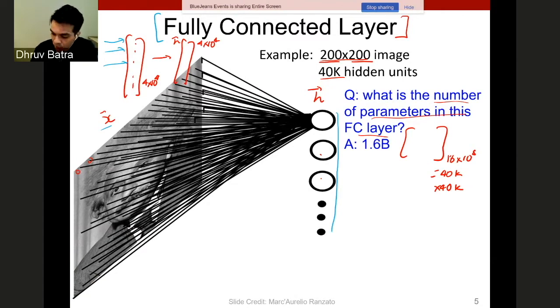But let's say you do, you very quickly realize that you run into a large number of parameters, 1.6 billion parameters in just the first layer. And that does not scale well to multiple layers, and even for a single layer, this simply doesn't scale.